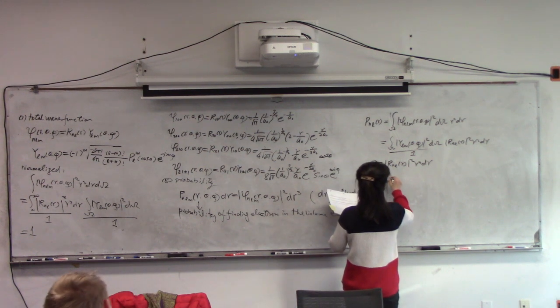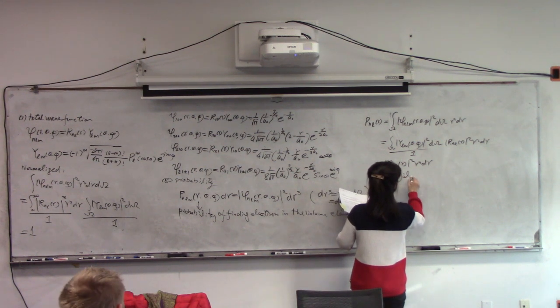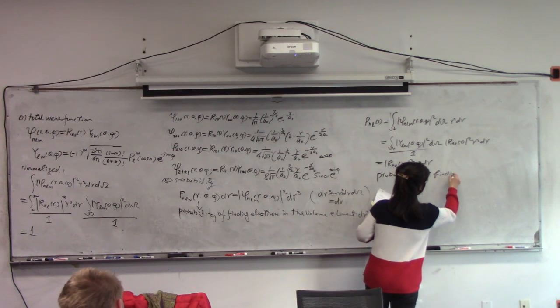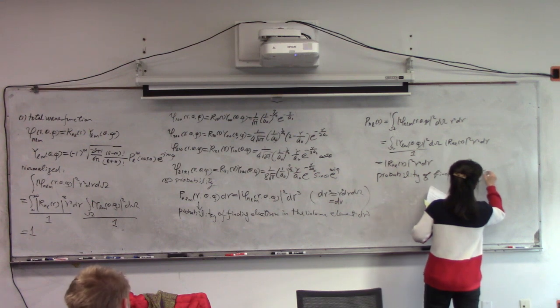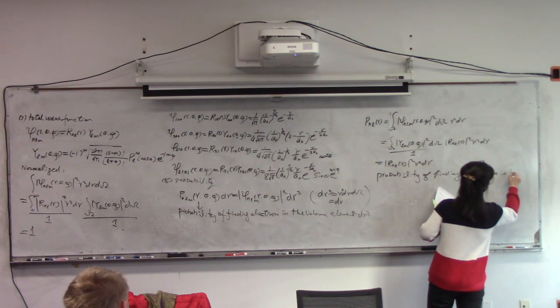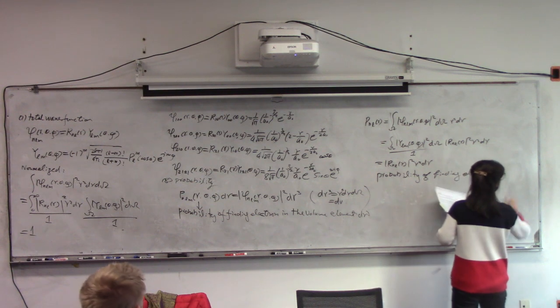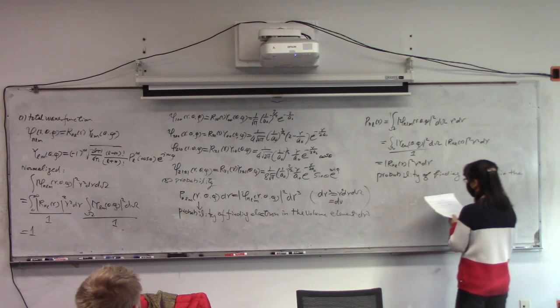This is the probability of finding the electron in a spherical shell, right? Because it is angle independent.